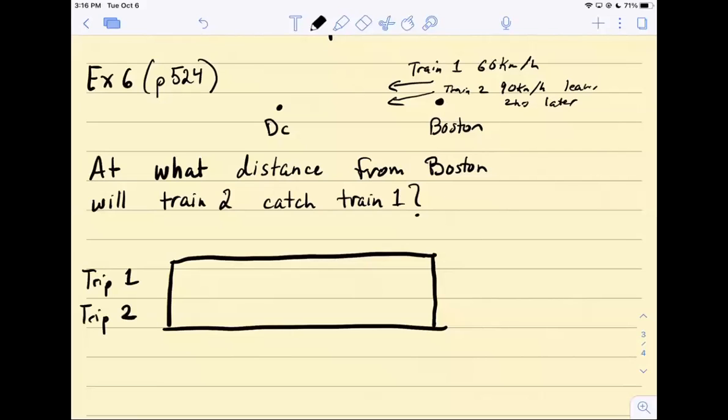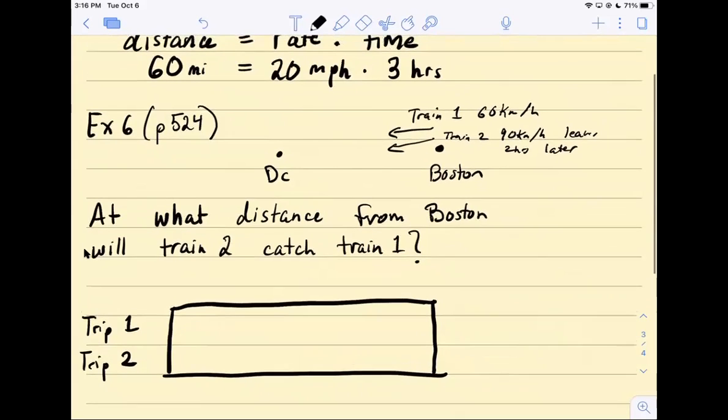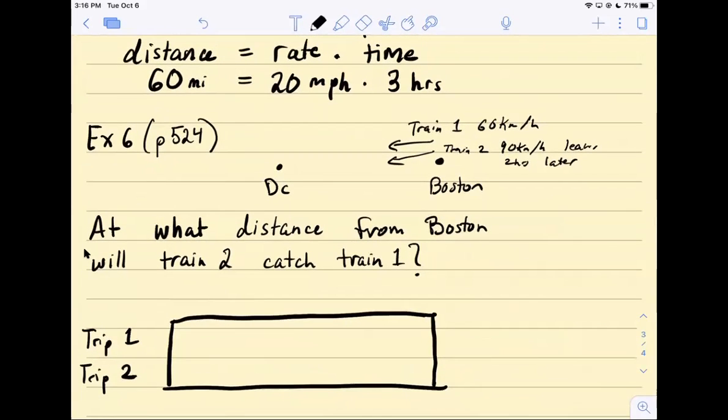And for each trip, we're going to write in our table a column for distance, a column for rate, and a column for time.